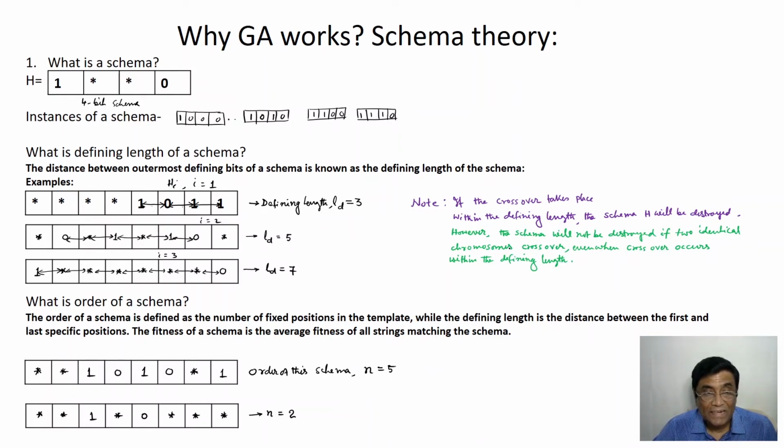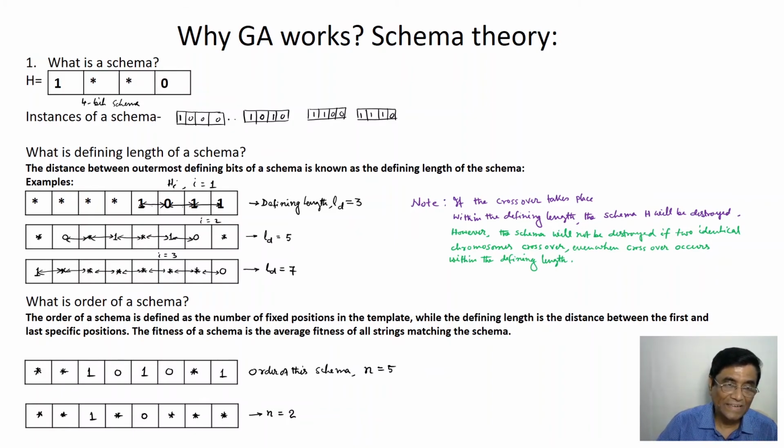So you see, defining length, smaller or bigger, which is preferable? You will see afterwards, defining length should be very short. Why? Because then the schema has a better probability to survive, because when crossover takes place, if the defining length is smaller, then it could be spared, no? So if the crossover takes place within the defining length, then that schema will be destroyed.